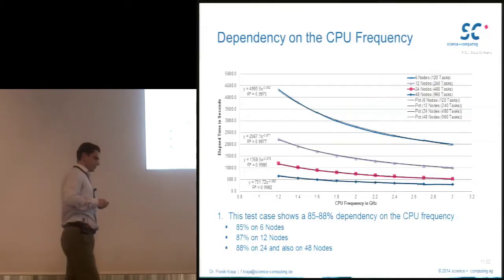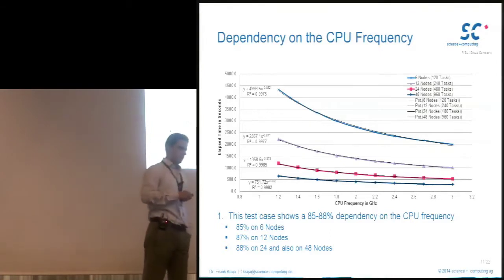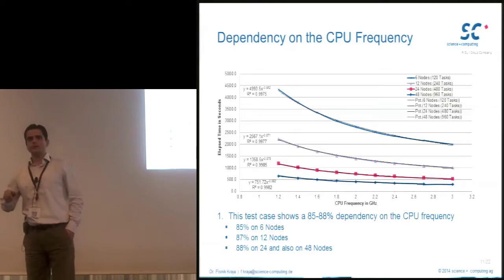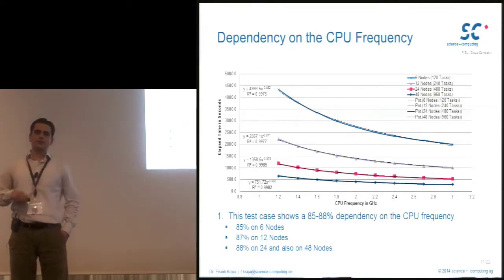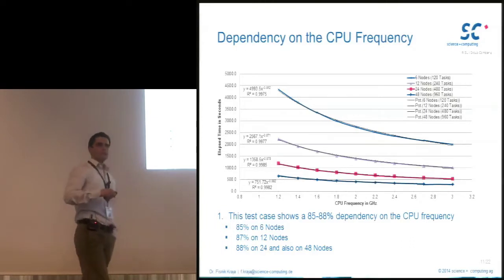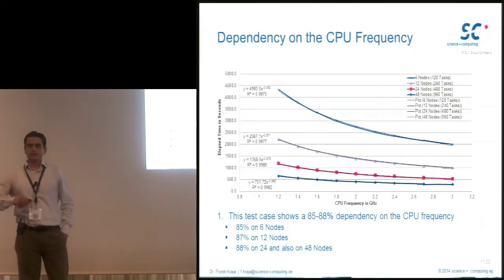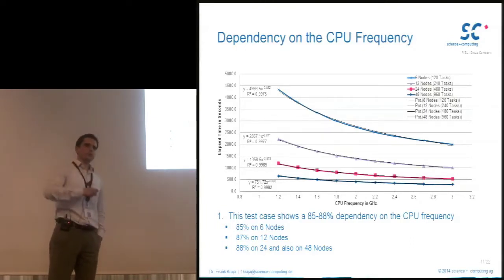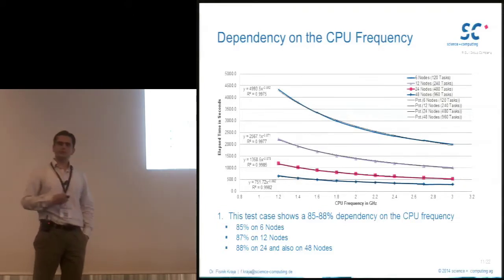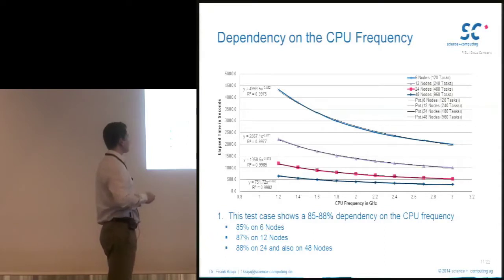But we have to consider that while changing the CPU frequency, you also impact the memory bandwidth, because the CPU has an integrated memory controller, and probably there is also some memory bandwidth impact inside this value. It's just to give you an overview, in order to select the most suitable CPU for this application.